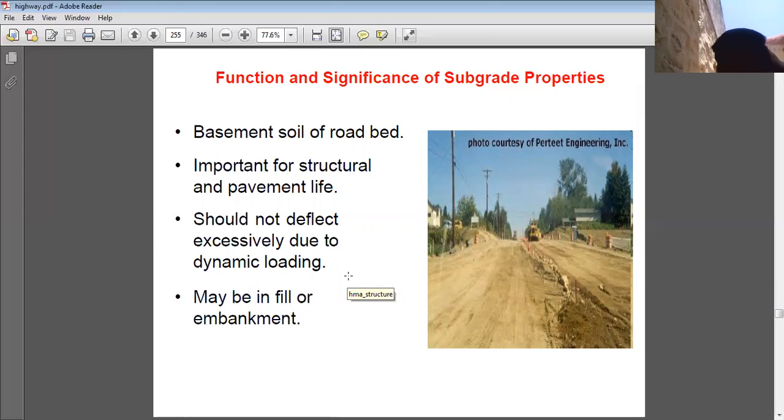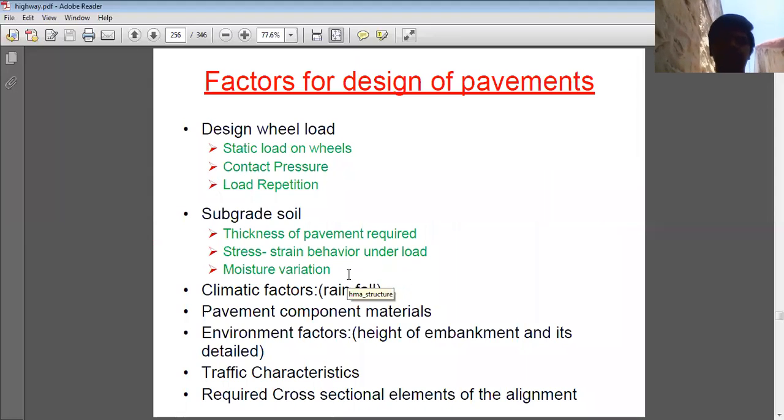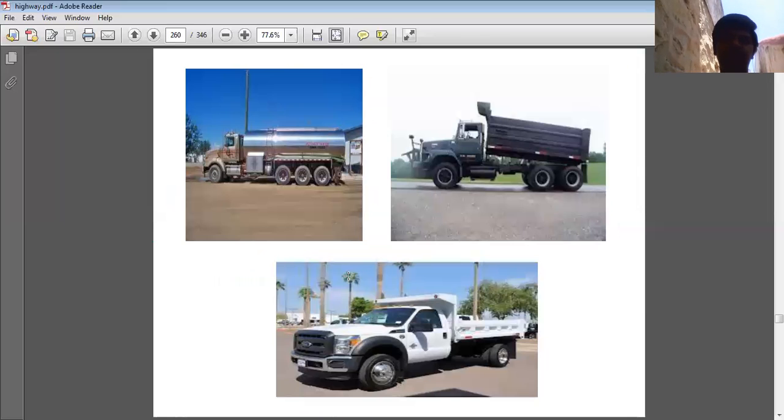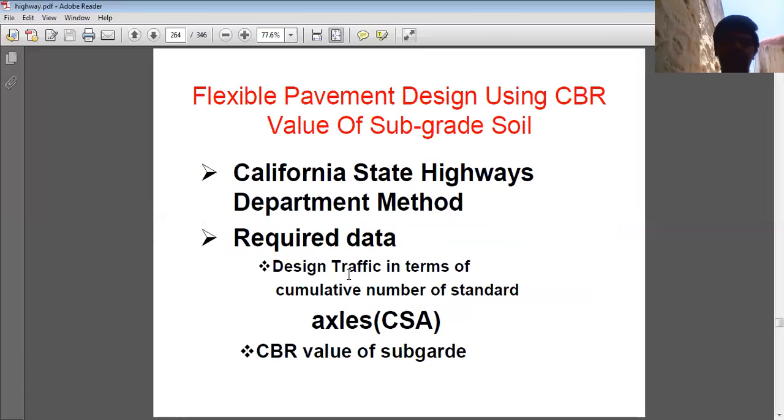It should not deflect excessively due to dynamic loading, and may be fill or embankment. Flexible pavement design consists of different design loads, subgrade soils, climatic factors, and pavement response. We'll discuss all the layers in the next class.